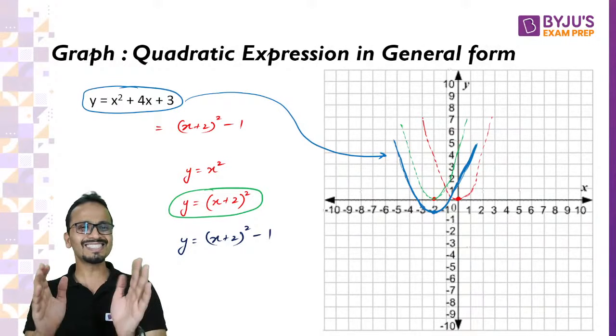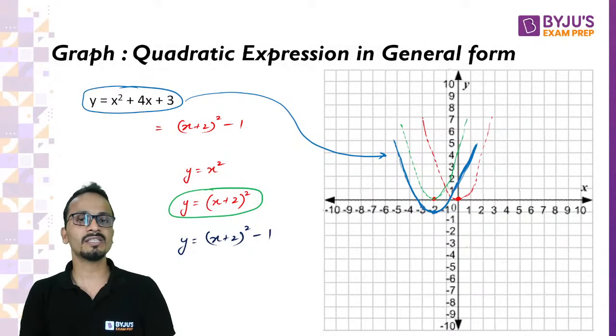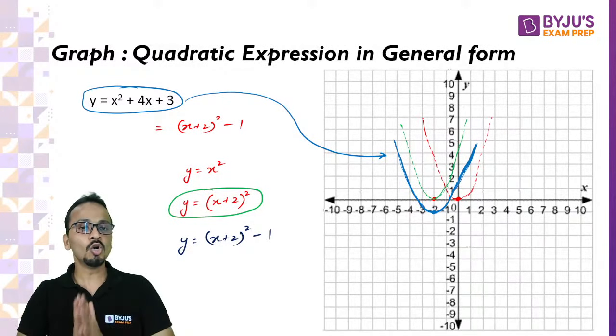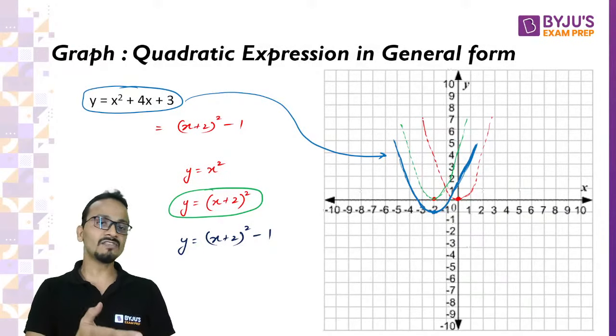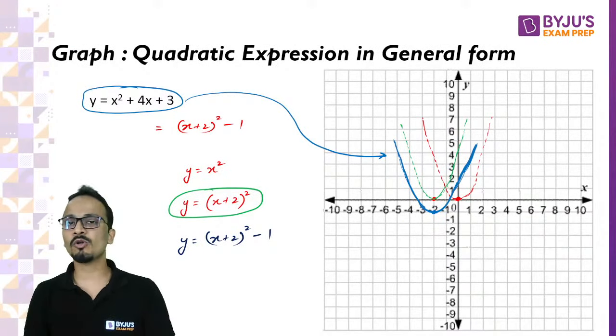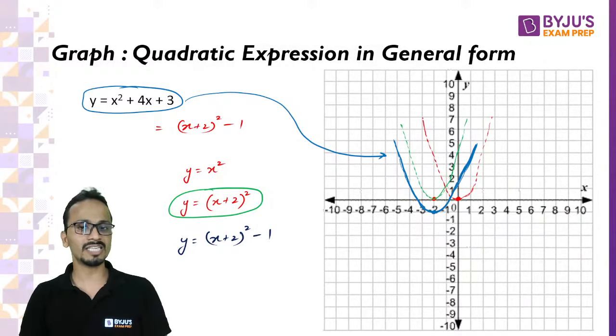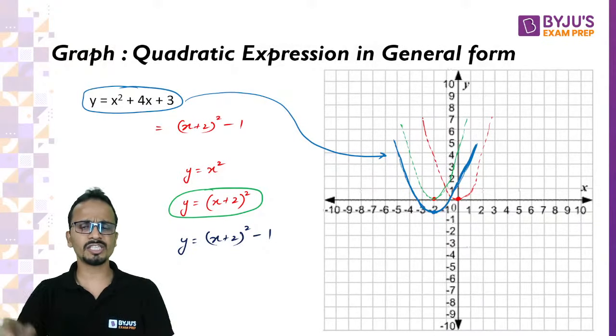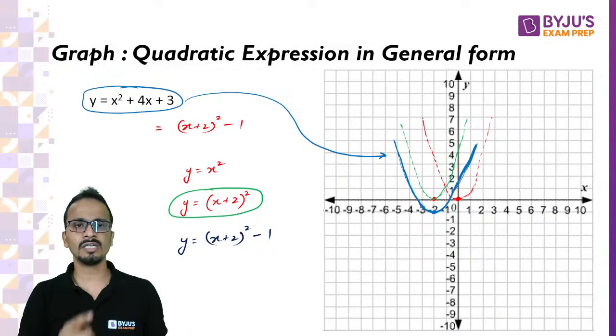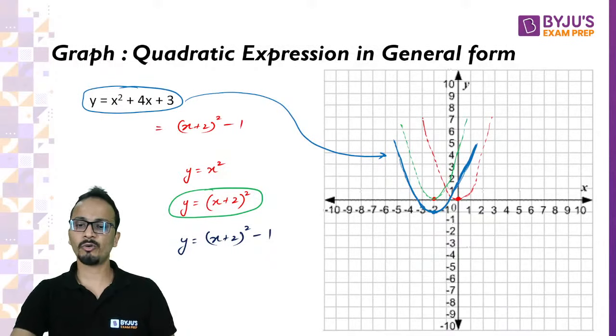This is the step-by-step procedure of plotting the graph of a quadratic expression which is given in its general form. Yesterday we just saw the concepts. Now we are looking at the applications of all those concepts that we learned yesterday. This will be the rough shape of the graph of this quadratic expression.